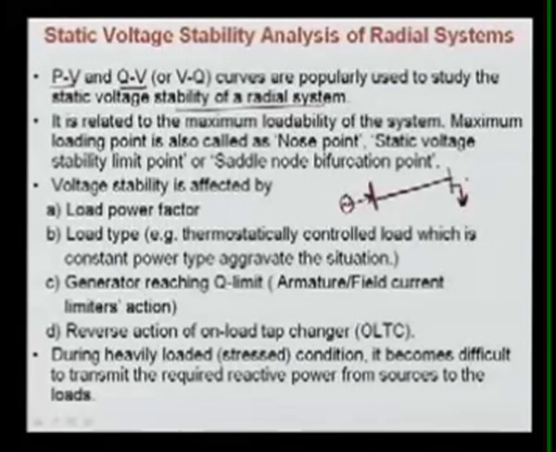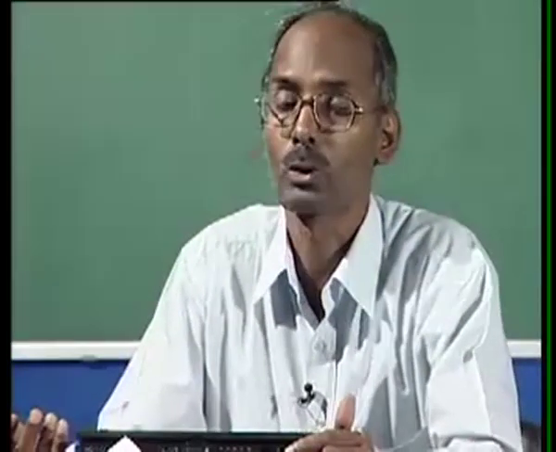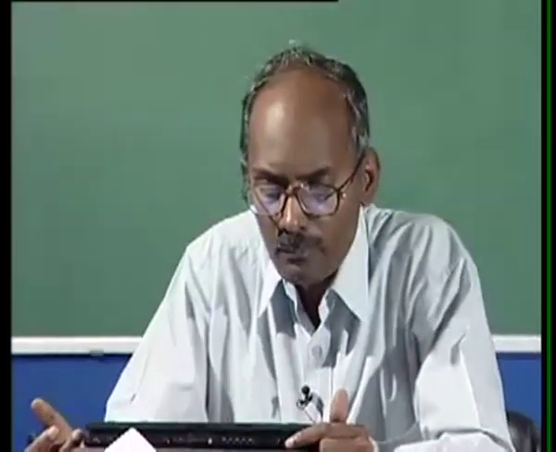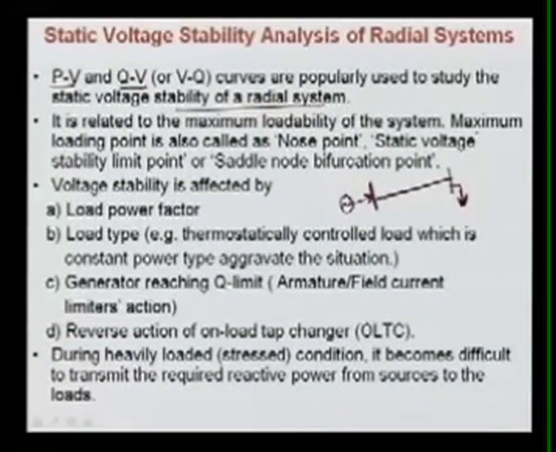We can draw the PV curve as well as the QV curve for this case, and then see at what loading your system will be unstable. It is related to the maximum loading of the system. As I said, here you have P plus jQ, the real and reactive loads.